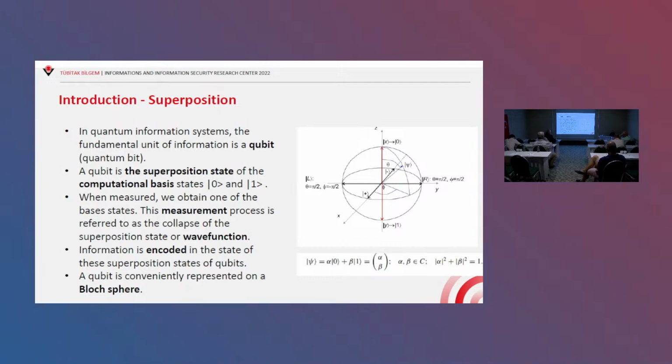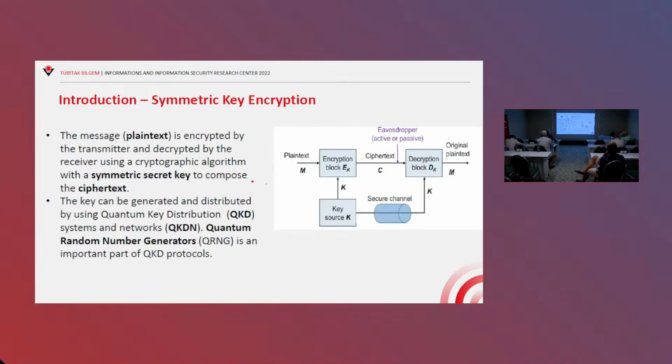And if you'd like to encode 0, the minus direction in the z vertical direction would represent a ket 1 state of this particular qubit.